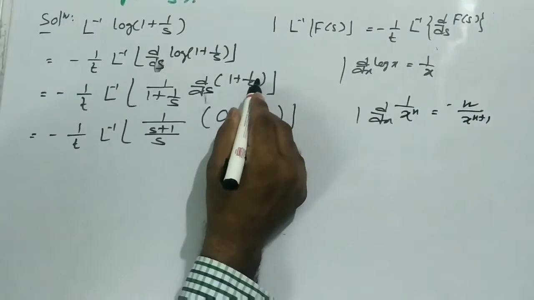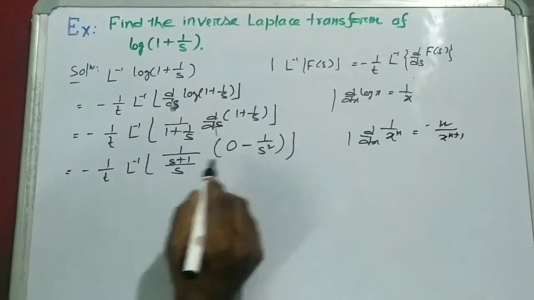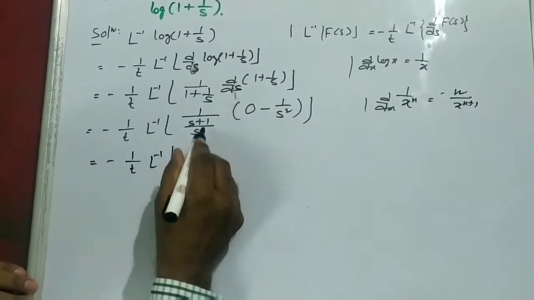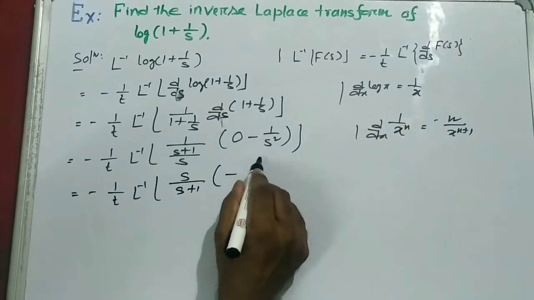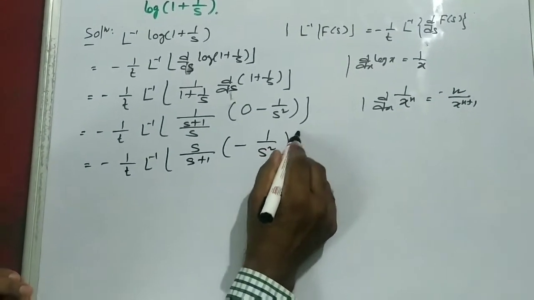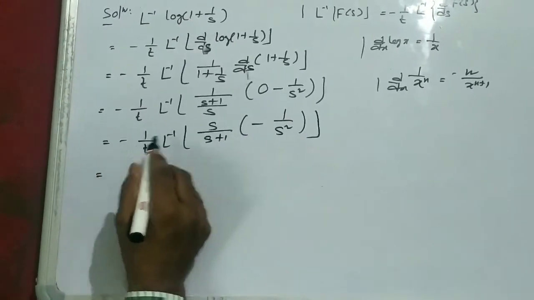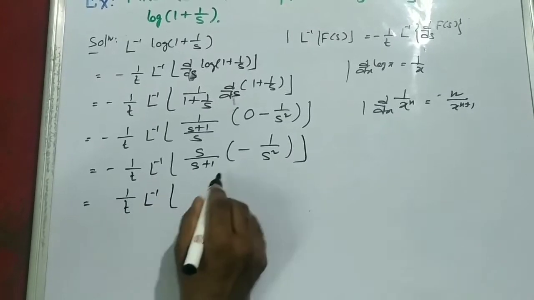So here n means 1, 1 plus 1 is 2, minus 1 by s square. So minus 1 by t L inverse, this s becomes the numerator, s plus 1, and this is minus 1 by s square. We get this one.